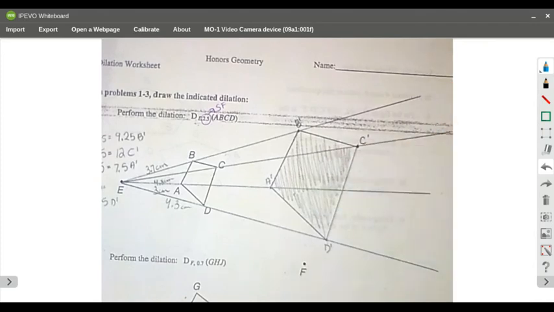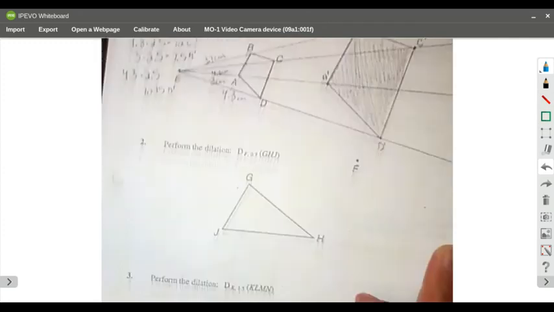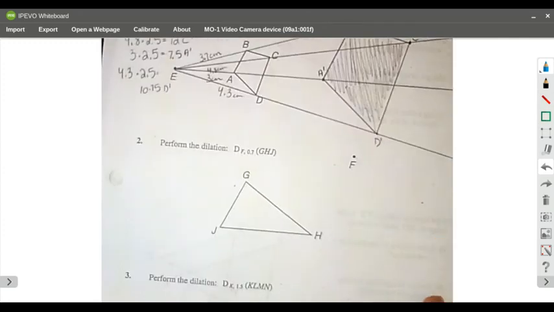Okay, so there's that. So I'm just going to do one example because there's only a couple on here. So you guys are going to do 2 and 3.